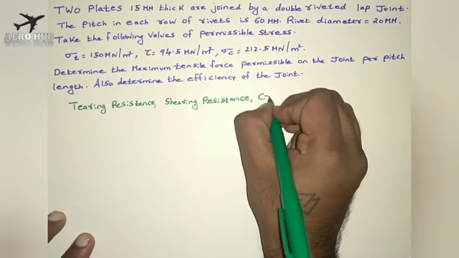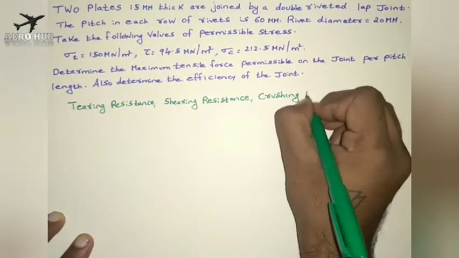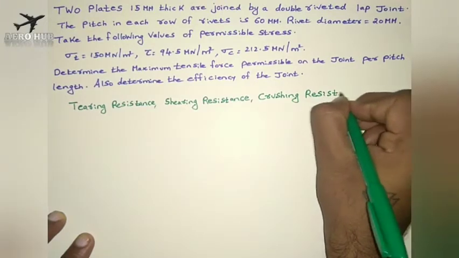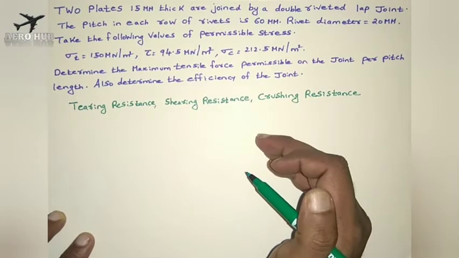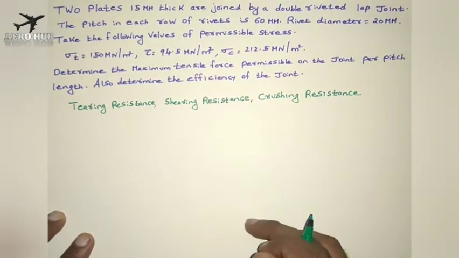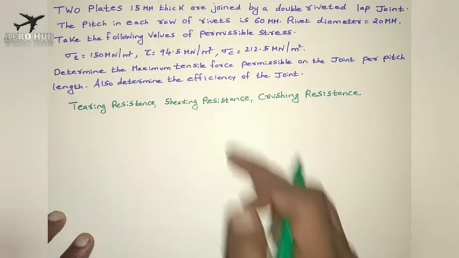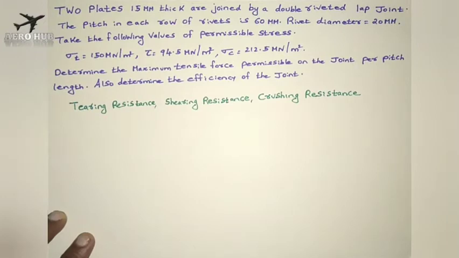Then crushing or bearing resistance. We will find out the value of these three resistances. The minimum value will be the maximum tensile force permissible for this joint per pitch length. And to find out the efficiency of the joint, we also require the values of tearing resistance, shearing resistance as well as crushing resistance.